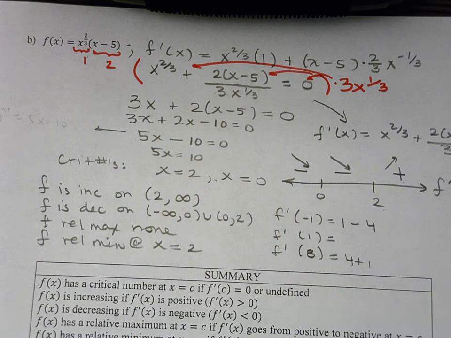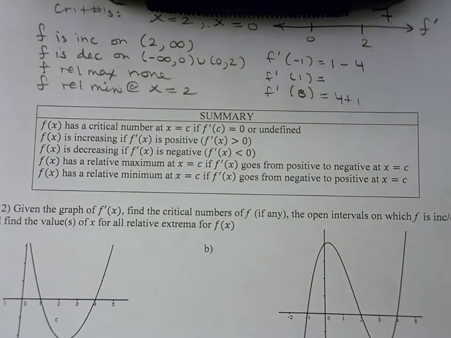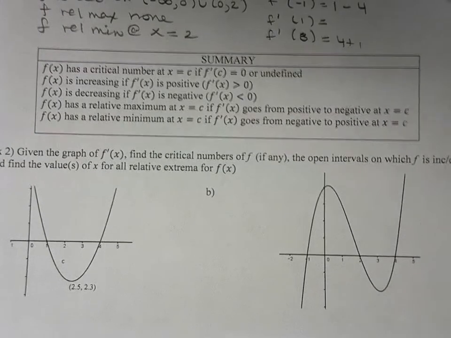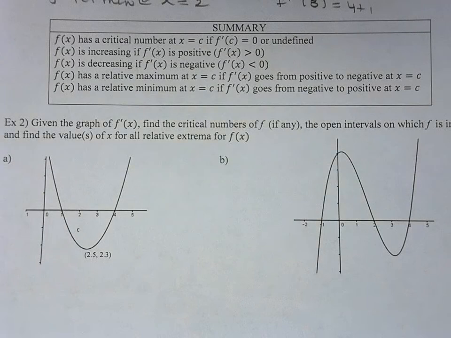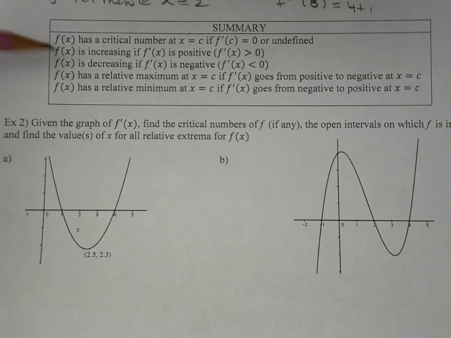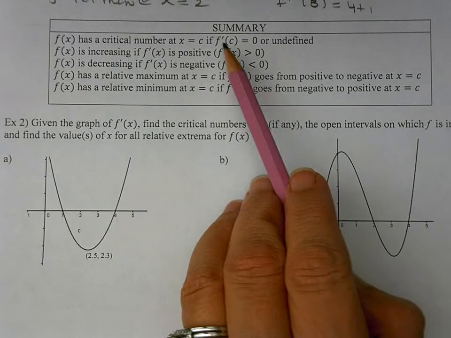And then finally our last little spiel. So our summary. This is kind of what we'll be using to help us out with the last example here. So this is just a summary, our definitions using calculus, right? So f has a critical number when your derivative is either 0 or undefined.